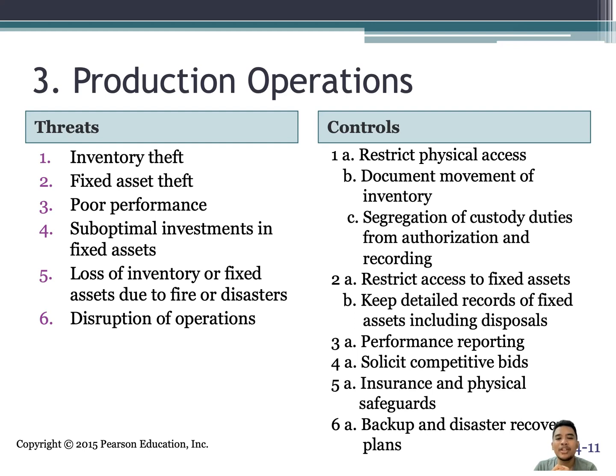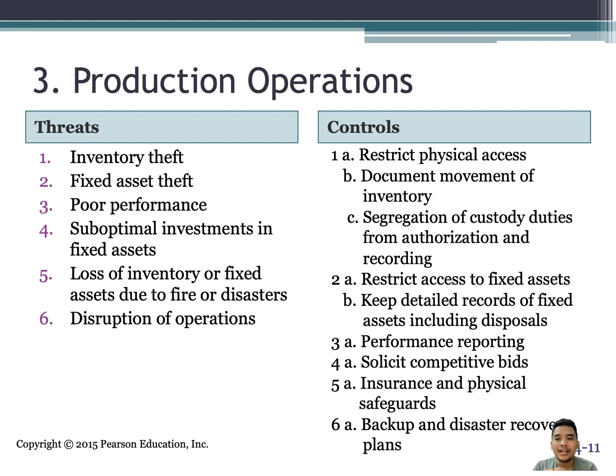Aside from the mentioned controls associated with the inventory, we need to have detailed records of fixed assets, including disposals. It is the same as the controls associated with the movement of inventory. You need to have a tracking system for fixed assets as well, including tracing for procurement and disposal. Next is the poor performance of the production itself.